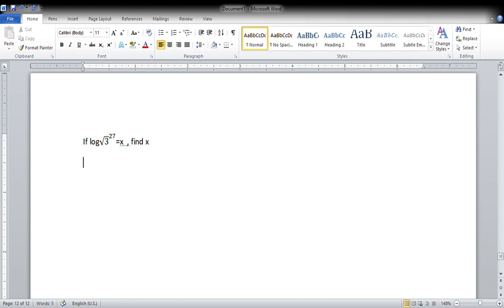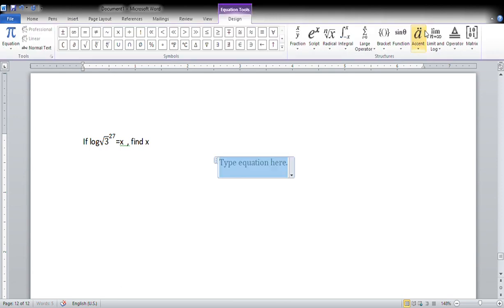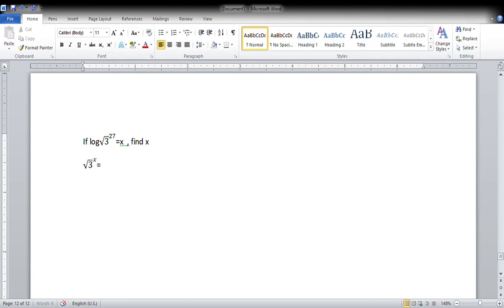If you want to convert it to exponential form, log 27 with base root 3 equals x becomes root 3 to the power x is equal to 27. The root 3 is the base, the x comes to the power part, and the 27 goes to the right hand side.